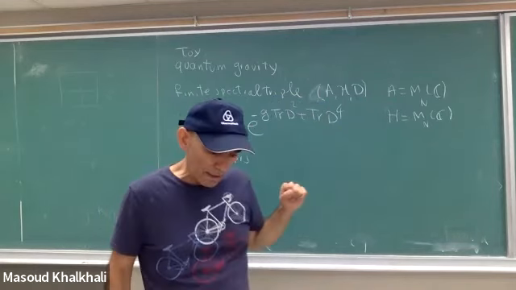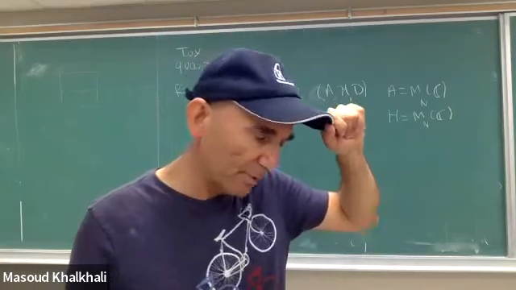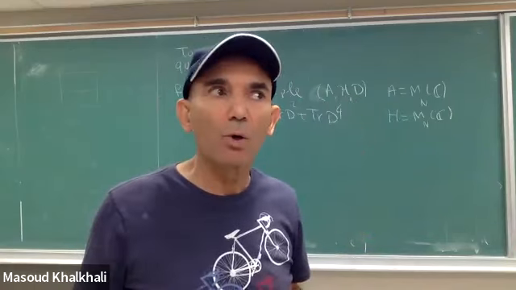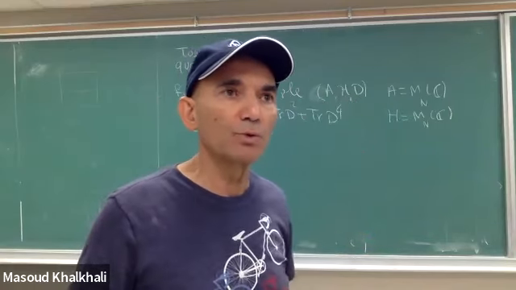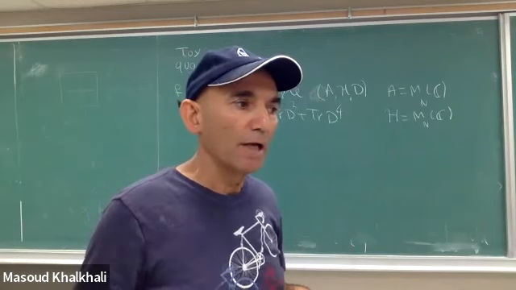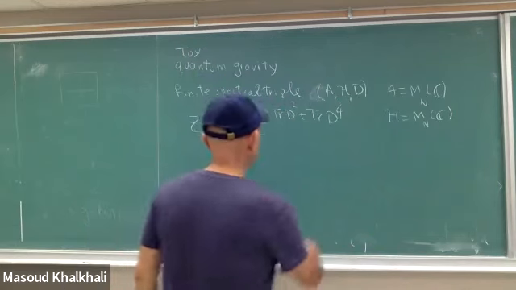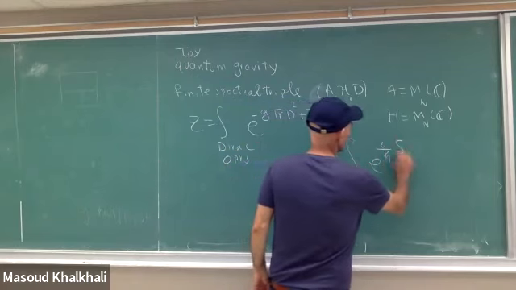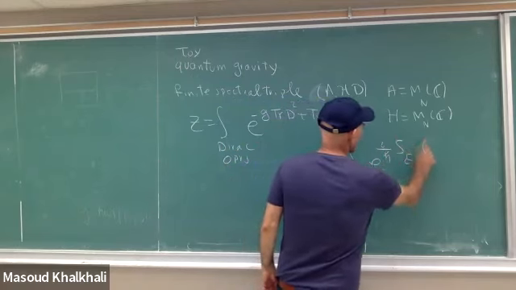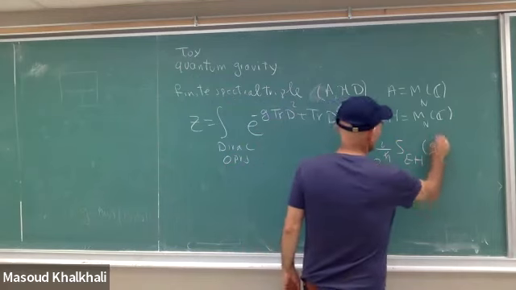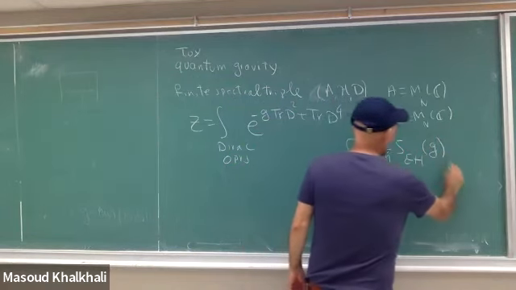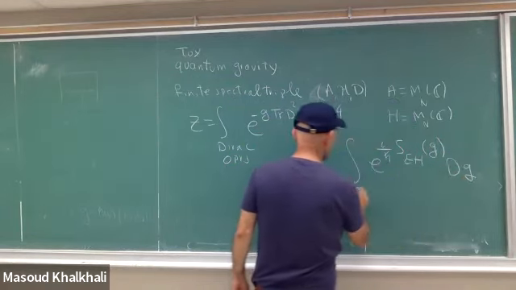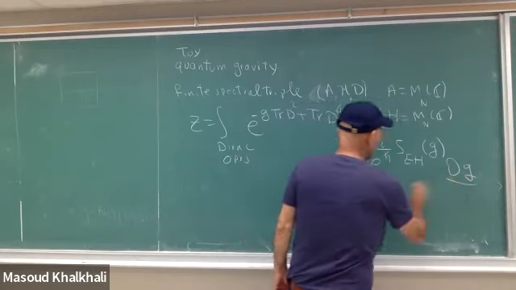Why is it toy quantum gravity? Because the goal of quantum gravity is to integrate the Einstein-Hilbert action of the metric g over the space of all metrics.